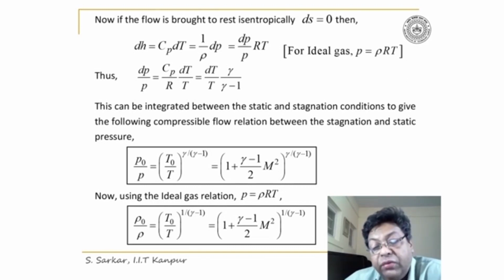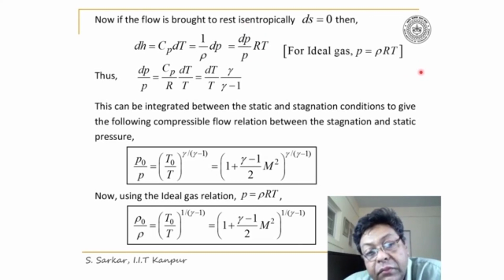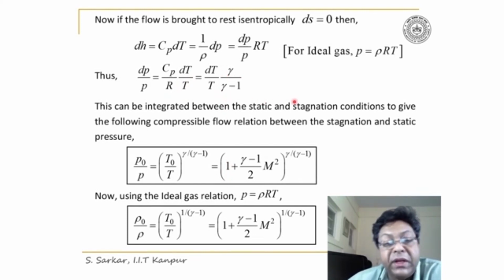Thus the above equation becomes dh is equal to 1 by rho dP, that is equal to dP by P times RT using the ideal gas equation, which can be written as dP by P is equal to Cp by R dT by T, further equal to gamma by (gamma minus 1) dT by T.